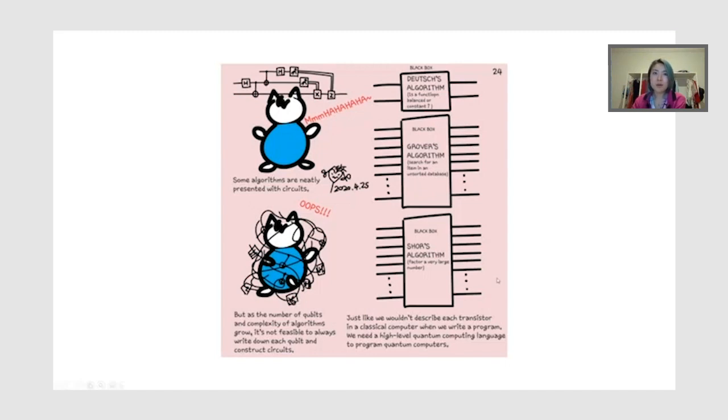That's when we really need a high-level quantum language to represent those algorithms. That's like when you write a classical algorithm nowadays, you don't look at how your individual transistor behaves.